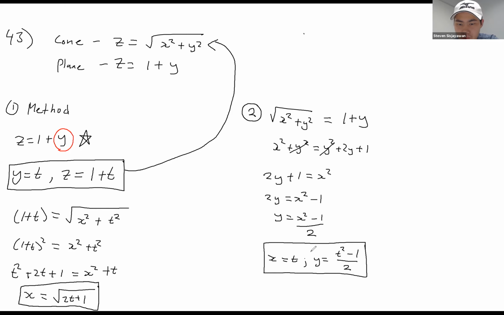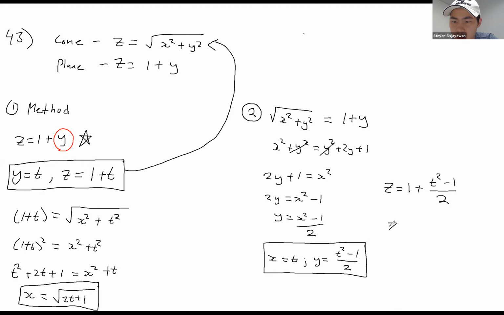All right, so that's x, that's y, and the only thing I'm missing is the z. For z, I can use either the cone equation or the plane equation. I'll just use the plane equation because it looks easier. So z is 1 plus t squared minus 1 over 2, right?